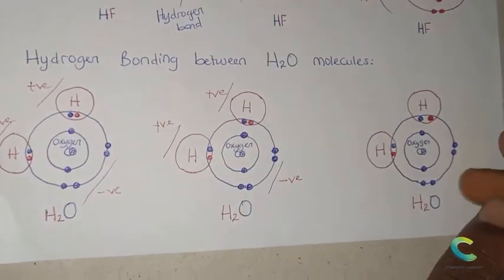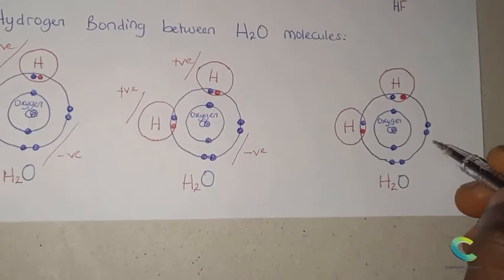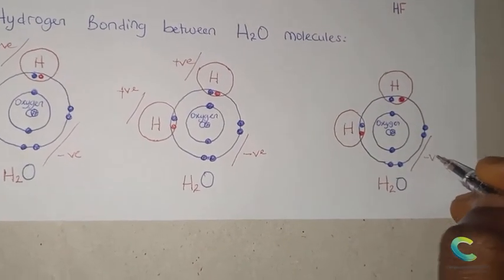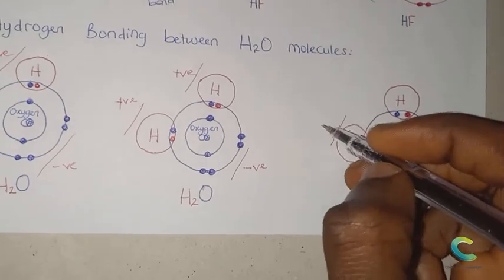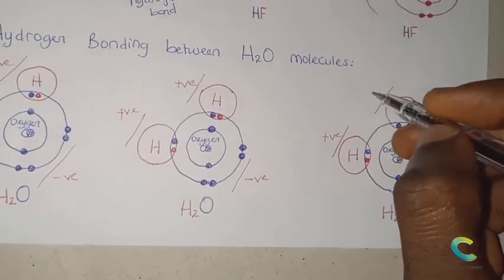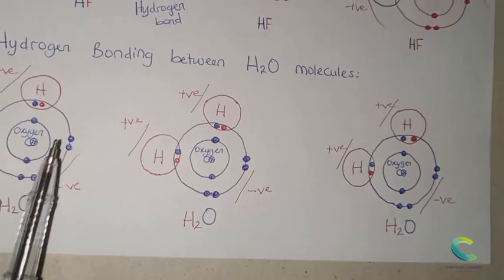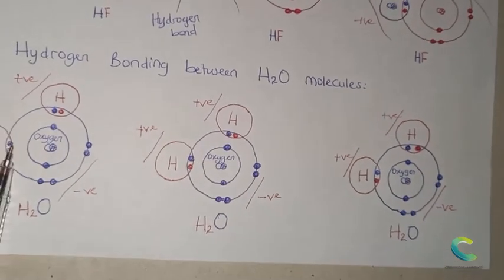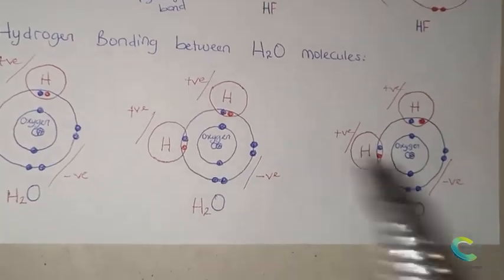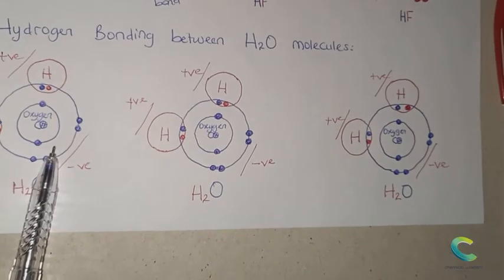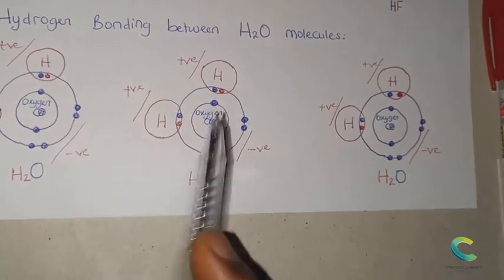So this is what happens. When the oxygen pulls the electrons towards itself, it becomes slightly negative, while making the hydrogen become slightly positive. So when the molecules of water come close together like this, there's a weak force of attraction between this negative end of the oxygen and the positive end of the hydrogen.